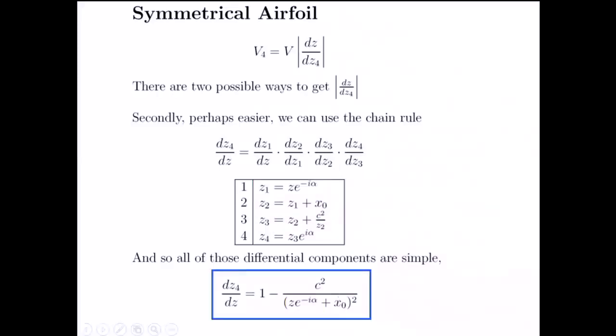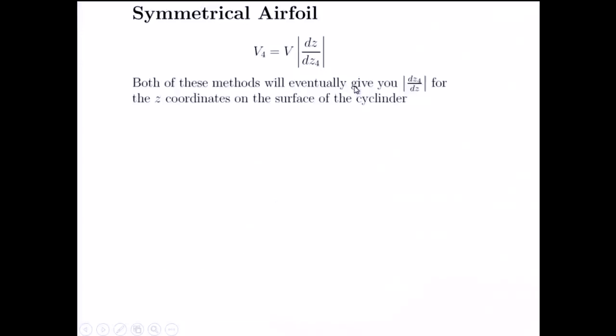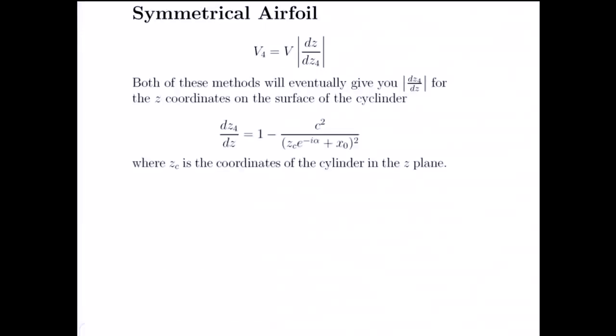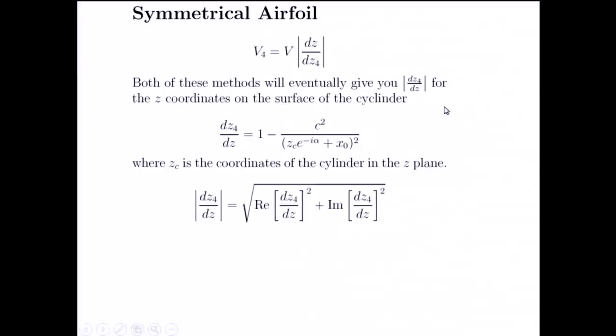It looks like this. So now I have this multiplying coefficient, and then I need to calculate the modulus of that, which is just the real part and imaginary part of this term.